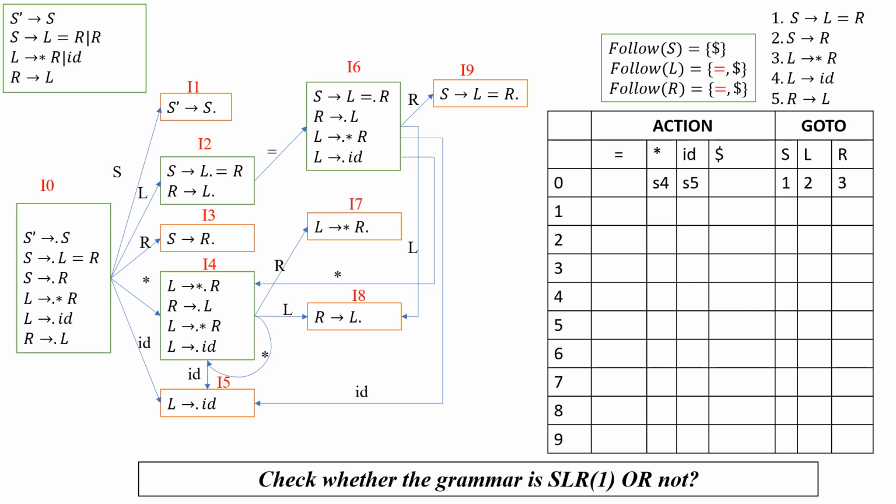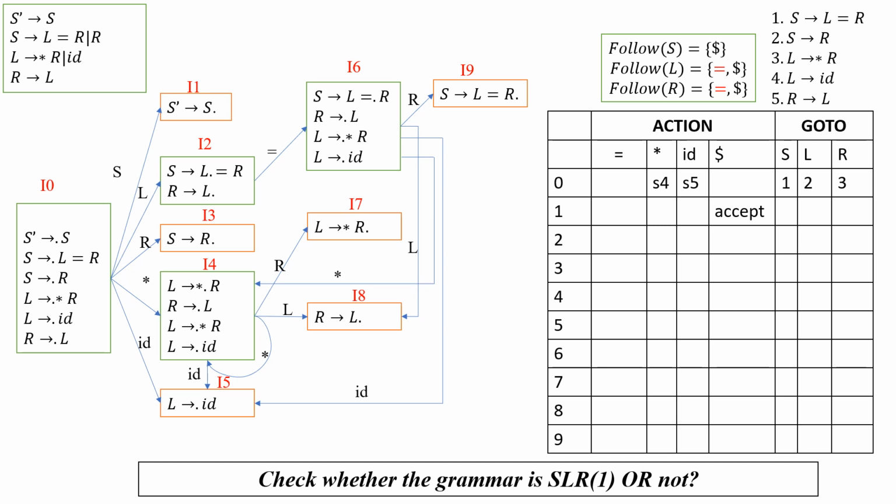On R, 3. Now let us consider I1. In the canonical collection, look at the state I1. It contains only the final item, that is why we introduced the augmented production, S dash derives S dot. Hence, in the dollar column, what do we have to write? Accept.